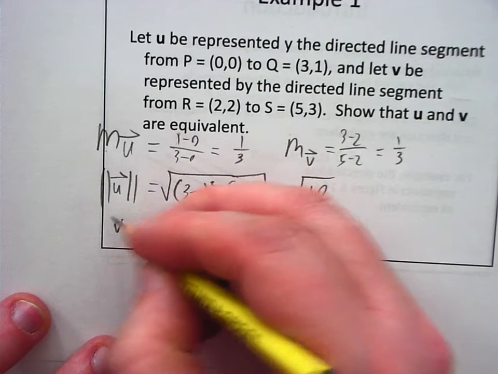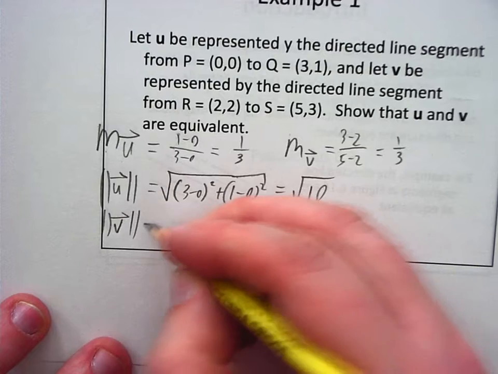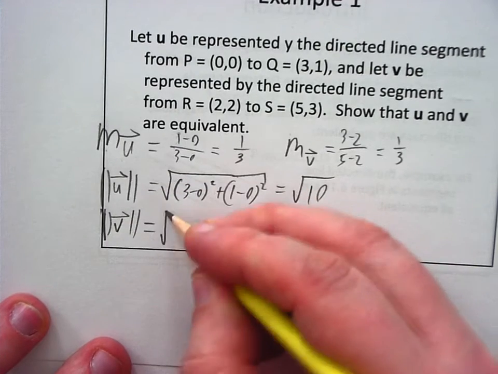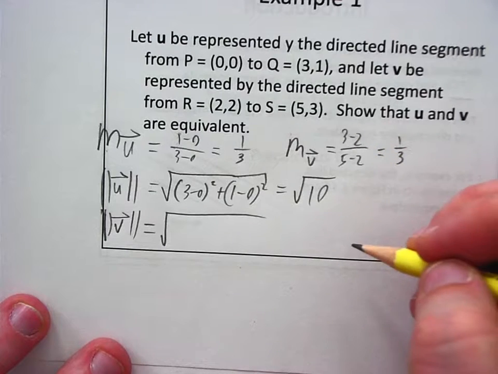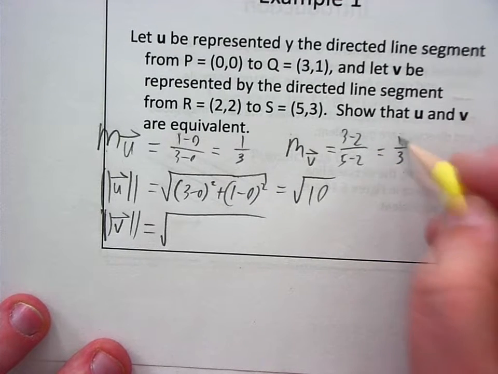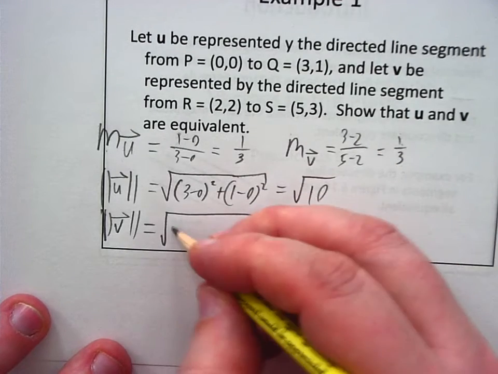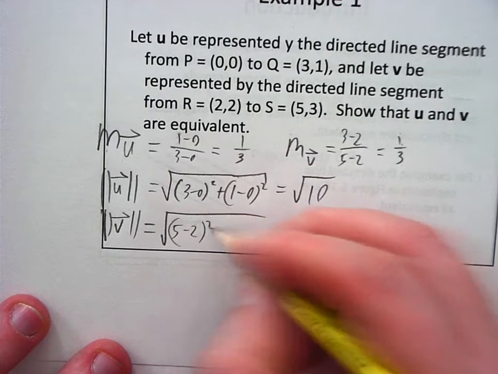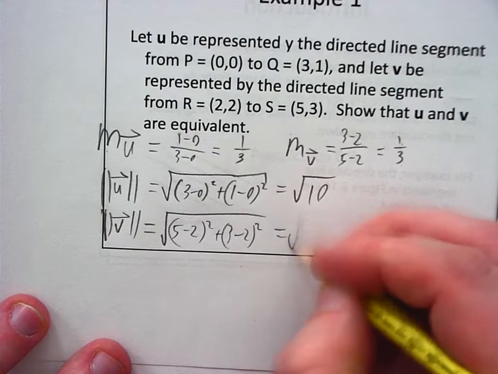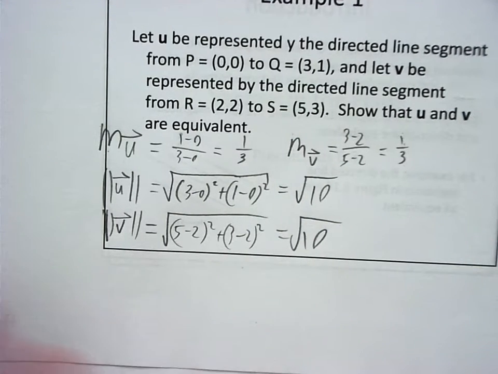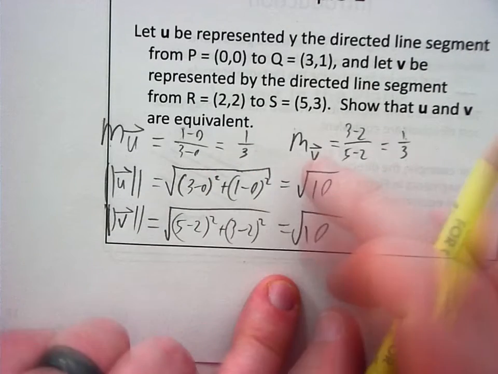So when I do the magnitude of v, I should get the same thing, because I'm going to, again, just take these two values I had here. So I'm still going to use those top and bottom slope values. So I'm going to do the 5 minus 2 squared and 3 minus 2 squared. And again, I get square root of 10. That's enough. I'm showing their directions are the same, and I'm showing their magnitudes are the same.